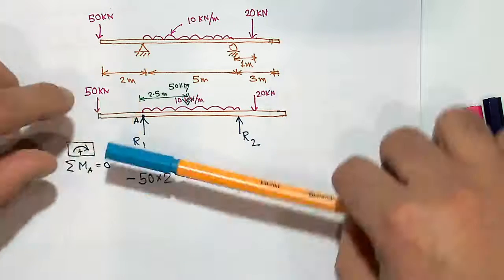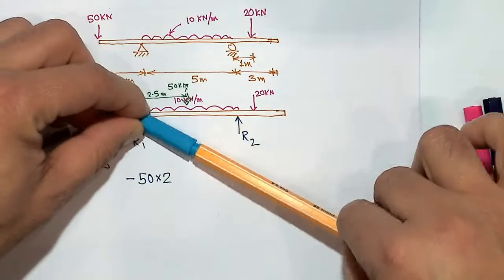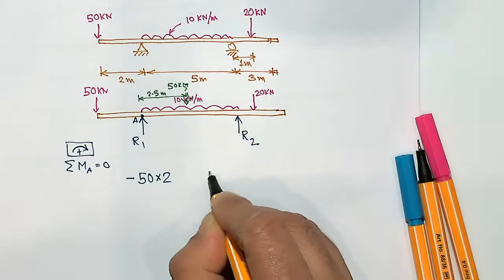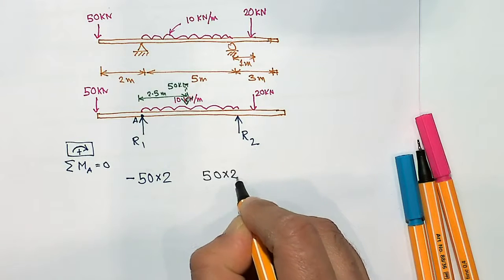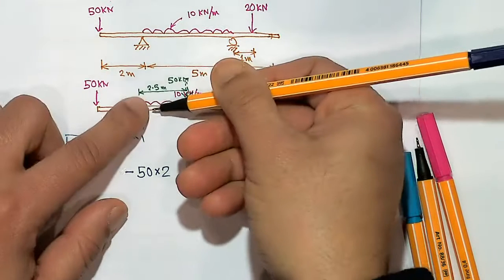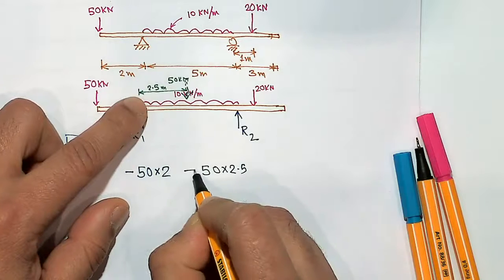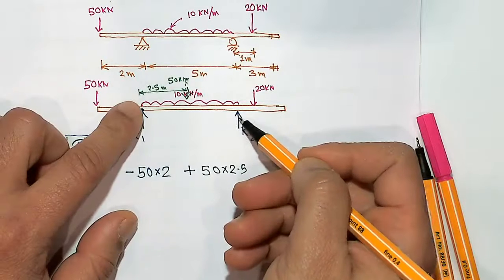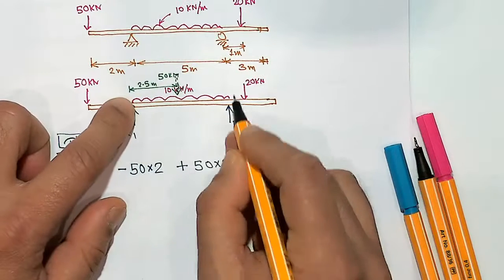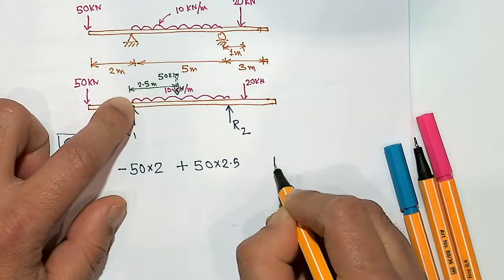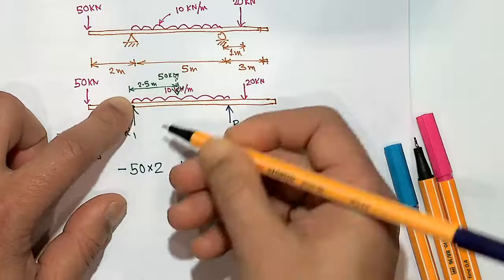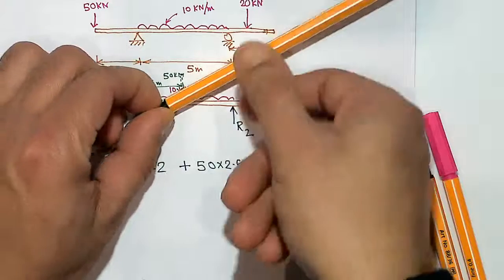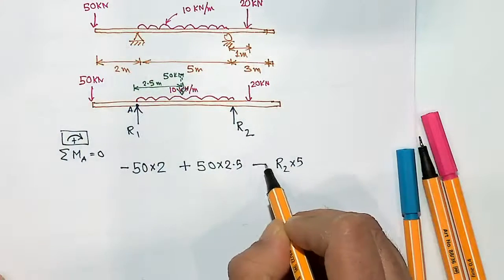What type of moment will that create, clockwise or anti-clockwise? Clockwise. So I will put 50 times 2.5 as the load due to UDL, and that is clockwise, so I'll add a plus. What about R2? R2 is the reaction force, R2 times 5, and that is creating an anti-clockwise moment about point A, so I'll put it as a negative sign.